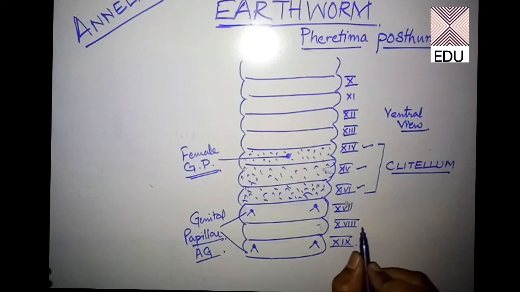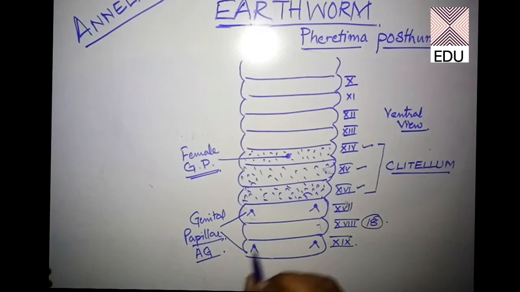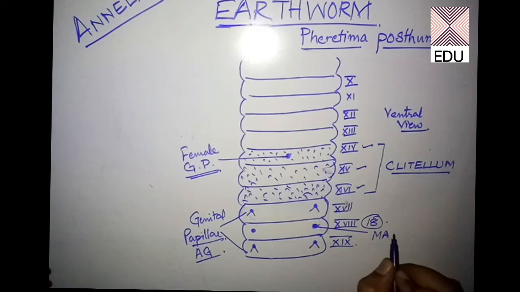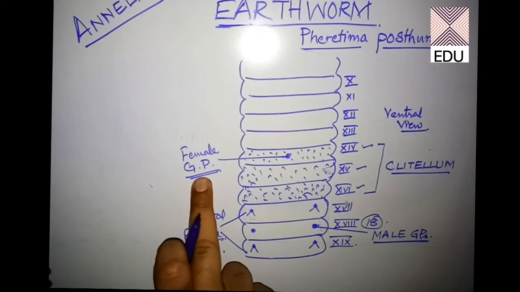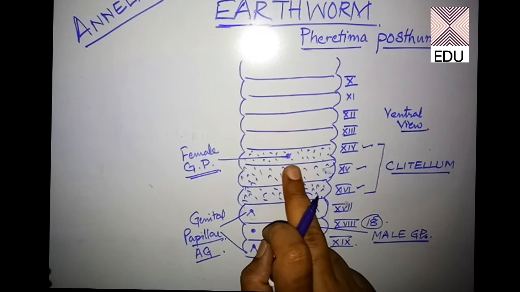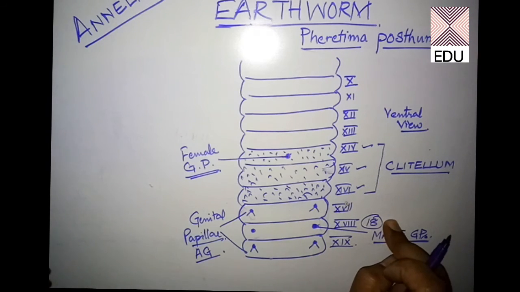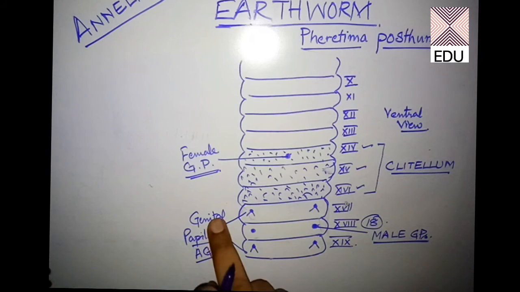Now in the middle segment, the 18th segment, we have two male genital pores. We have only one female genital pore, which was in segment 14, and two male genital pores on segment 18, and on 17th and 19th two pairs of genital papillae, which are the openings of accessory glands.